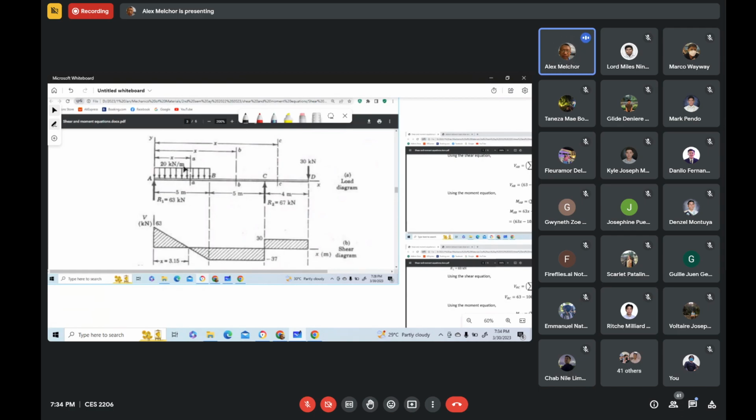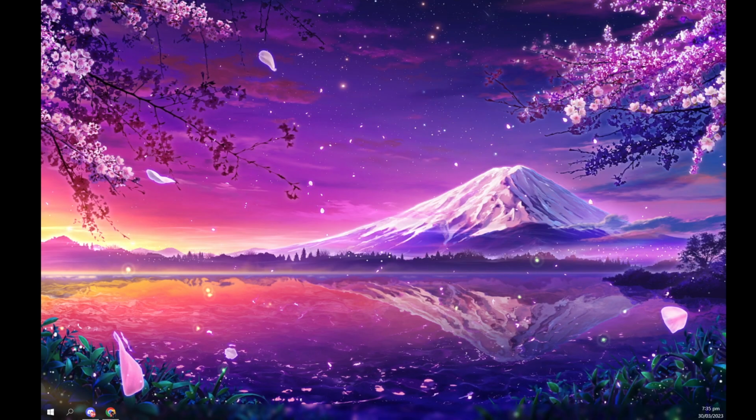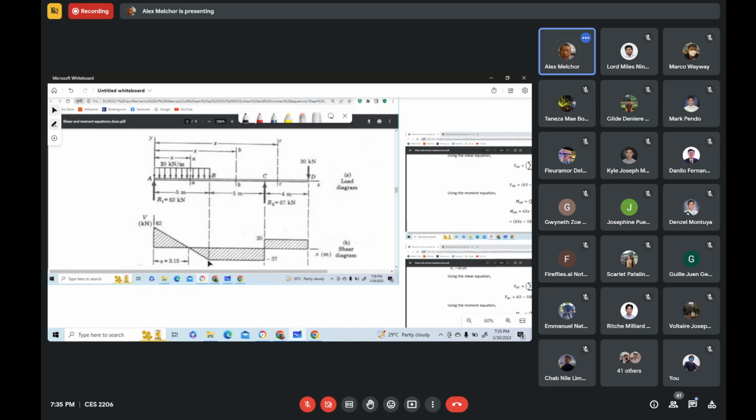For a uniformly distributed loading, it follows an inclined line. Okay, so we have here the connecting line, and then we connect the 2 points here with that line. Also, we connect the 2 points here with that line. I will tell you later why this is not curved. Why is it that this is a straight line?